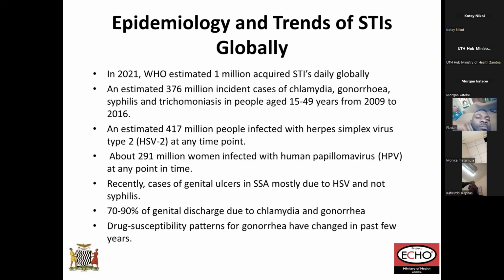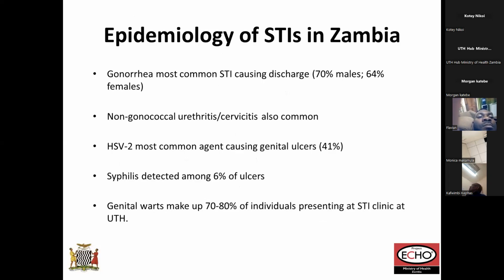Also, like we've observed from a recent study that was conducted in Zambia, 70 to 90% of all the genital discharges were due to mainly chlamydia and gonorrhea. And also, it's been observed that there is a change in drug accessibility patterns for gonorrhea over the past few years. So gonorrhea is one of those STIs that become resistant to almost anything over time.